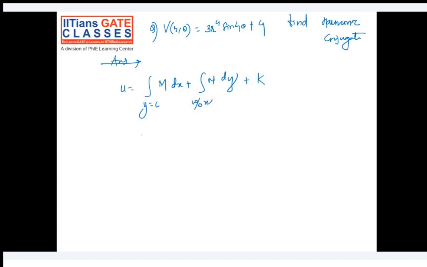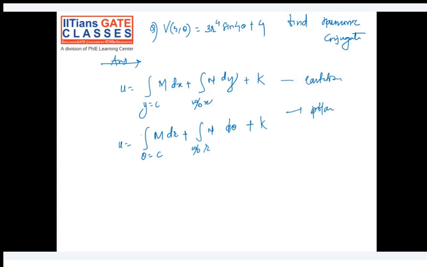U is equal to integration, theta equal to constant, m dr plus integration n d theta, terms without r, plus k. Okay, so this is in Cartesian format, and this is in case of polar form.